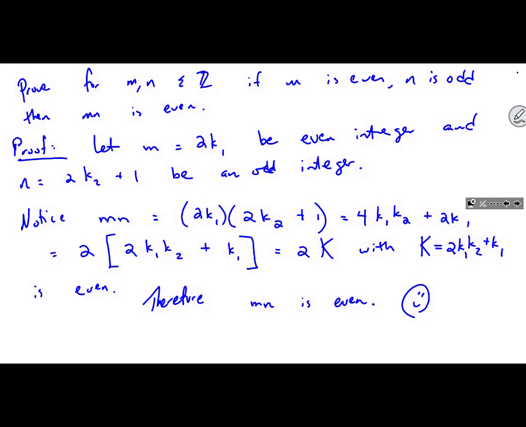Let's do a few more. Let us prove for any odd integer n, 2n squared plus 5n plus 4 is odd.